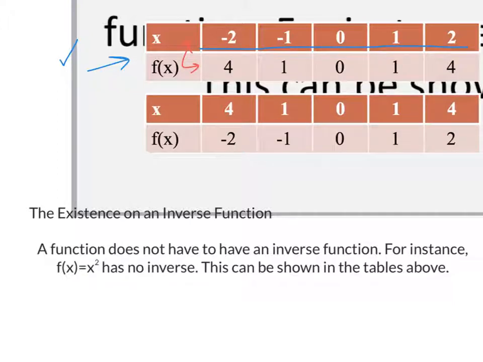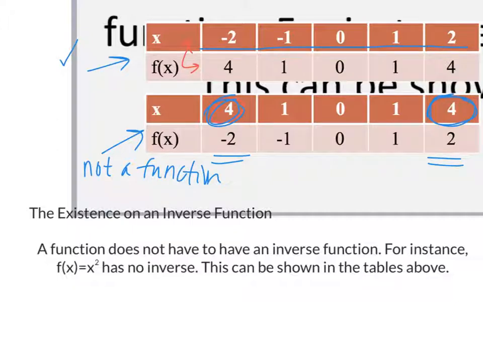But what you notice here in the reverse, I will call it, because it's not necessarily the inverse, you'll notice that you have the same inputs, but they're going to two different outputs. So what would be considered as inverse is actually not a function.